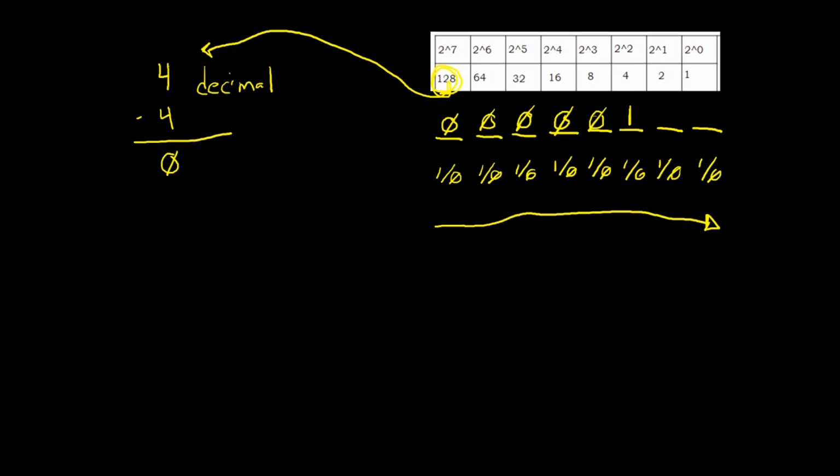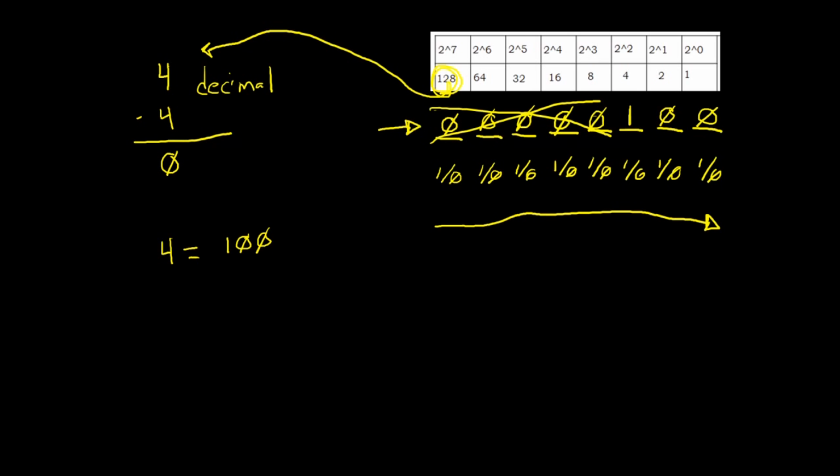Because we have nothing left to work with, we know that these last 2 numbers are going to also be 0. This is the binary representation of 4, this right here. It is customary to cut out the zeros. So all those leading zeros, we'll ignore those. And we can say 4 in binary is equal to 1, 0, 0.